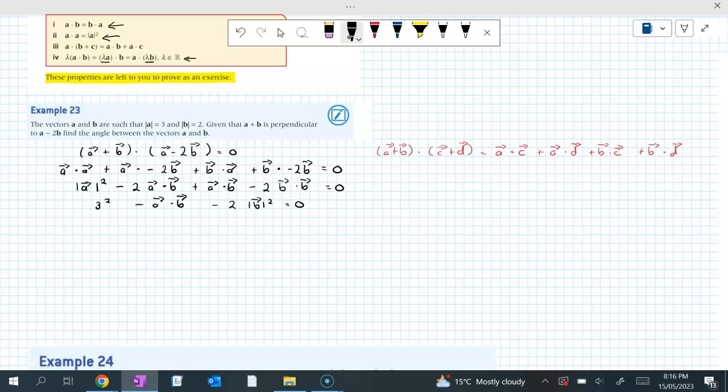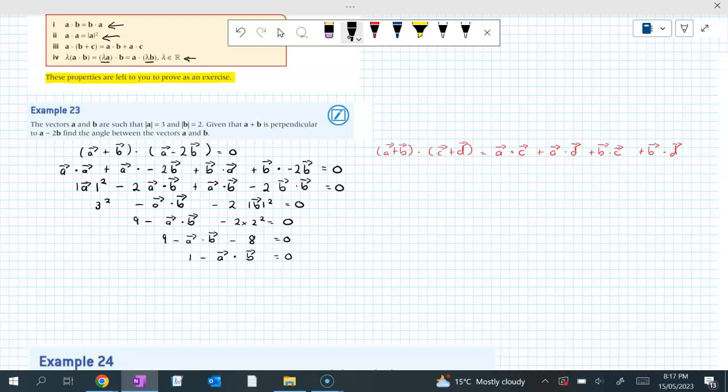Modulus of b is 2, so I'll have 9 take a dot b, take 2 times 2 squared. So that's 2 times 2 squared, so it's 9 take a dot b, take 8. So 9 take 8 is 1. So it'll be 1 take a dot b.